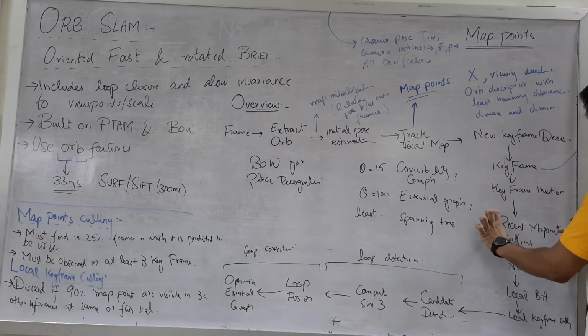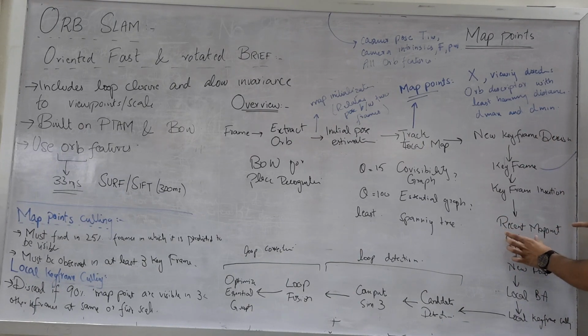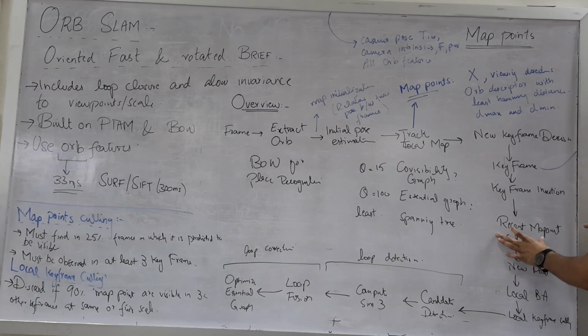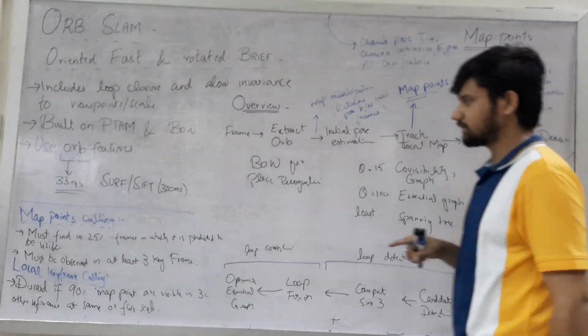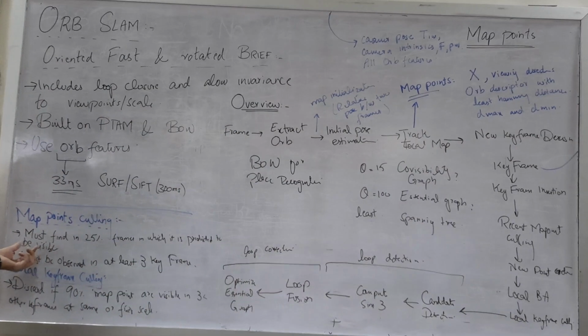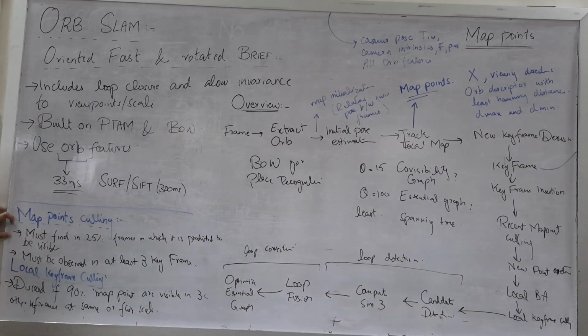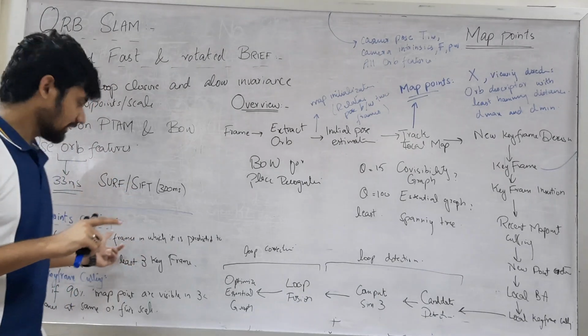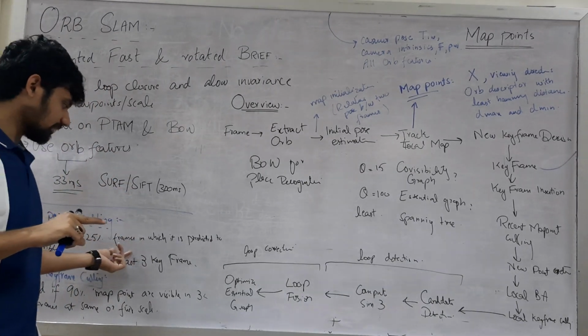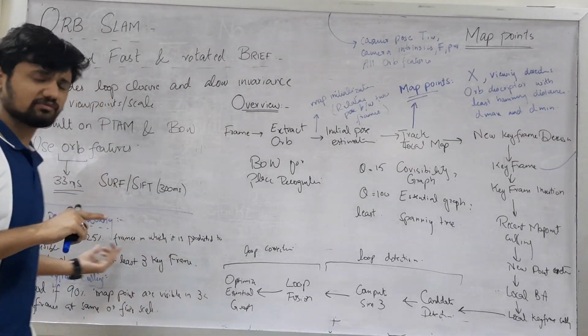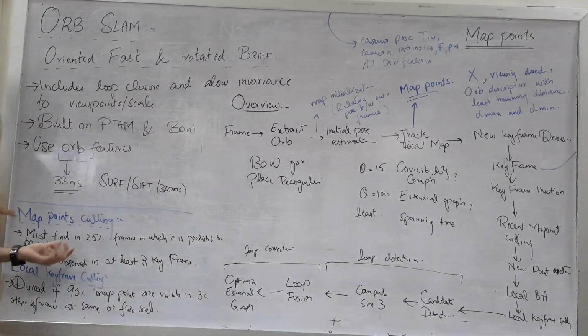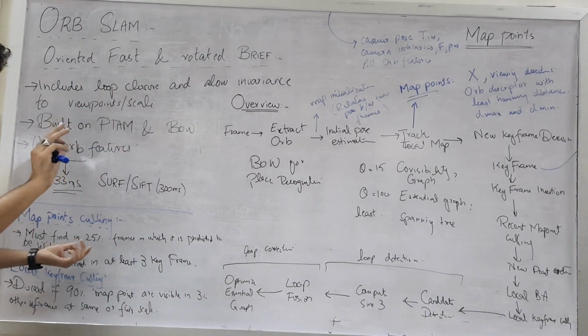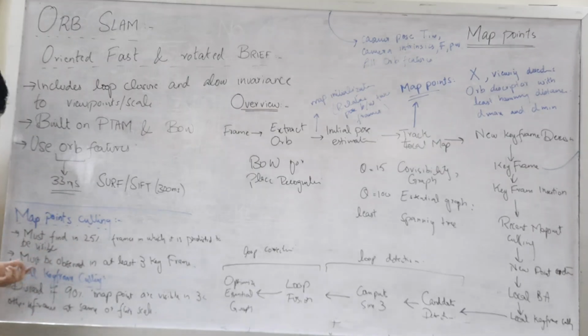So what will happen? It will cull out the recent map points. On which criteria? This one. If the map points are visible in at least 25% of frames, not keyframes, at least 25% of the frames where they were predicted to be visible, then you will not cull that point.